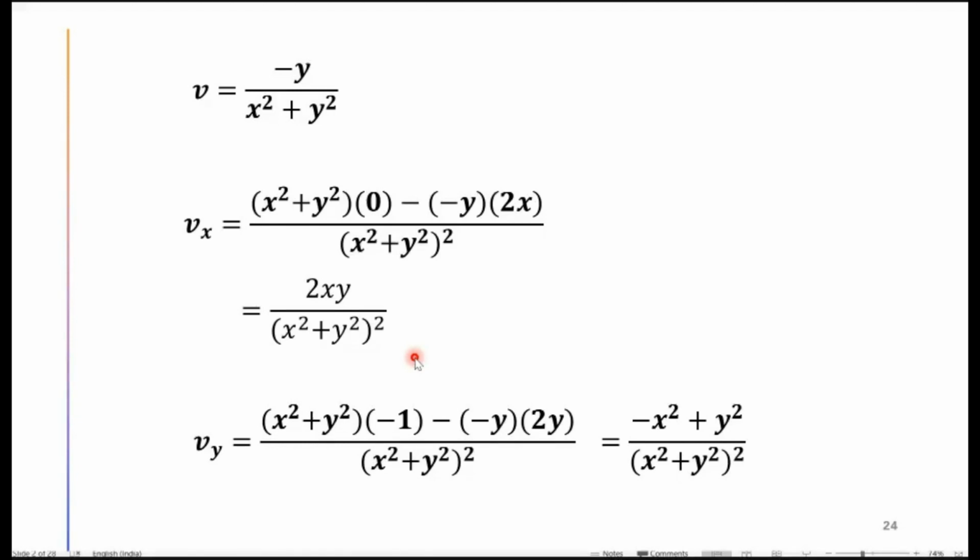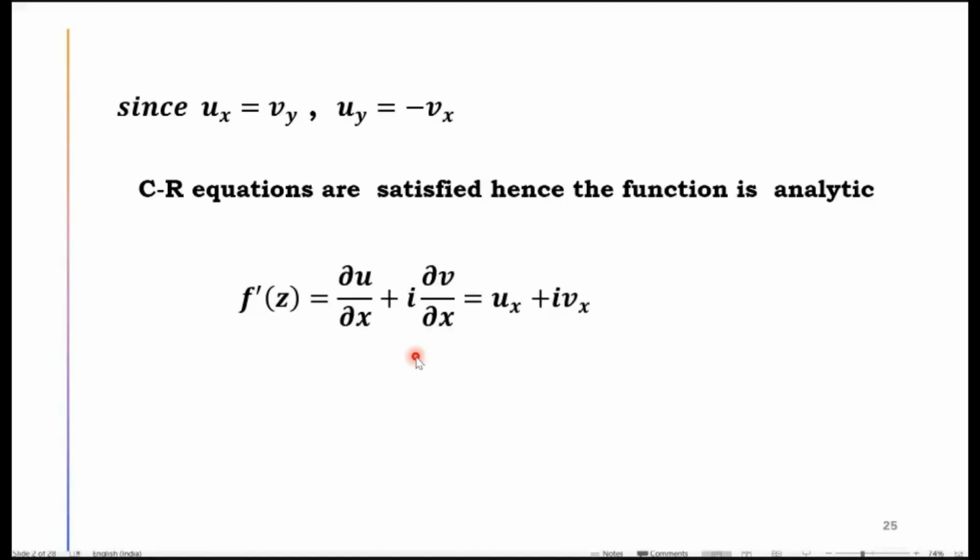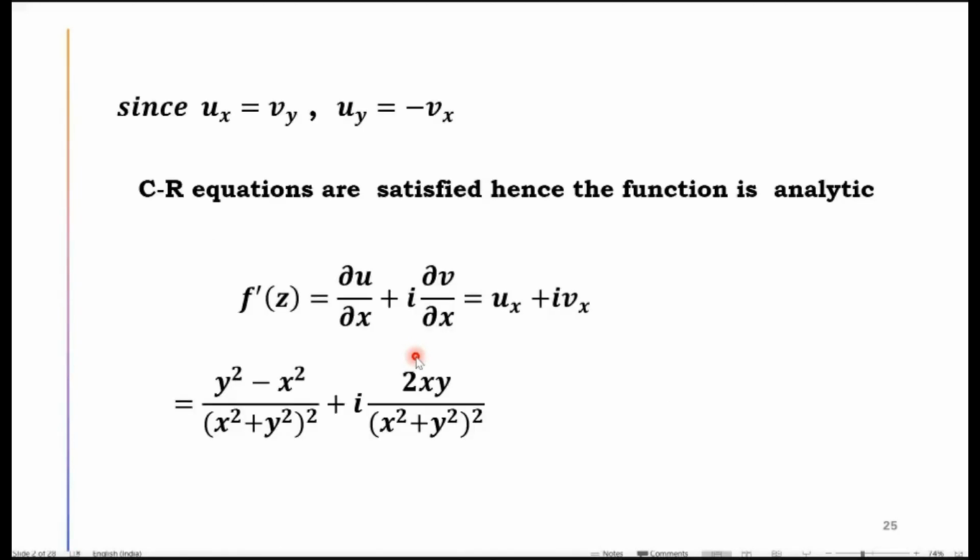I hope this function is analytic. So I'll try calculating f dash of z. I've solved it here. Try calculating f dash of z. ठीक है?